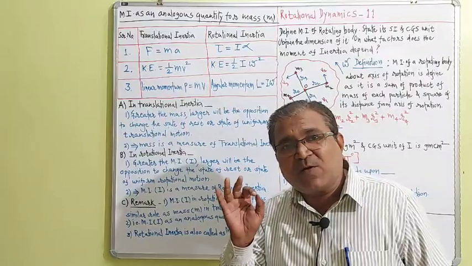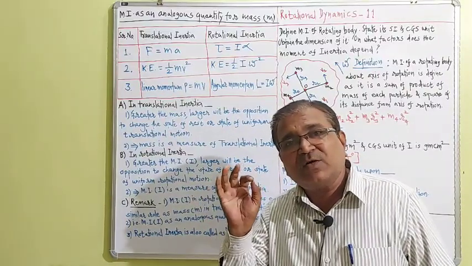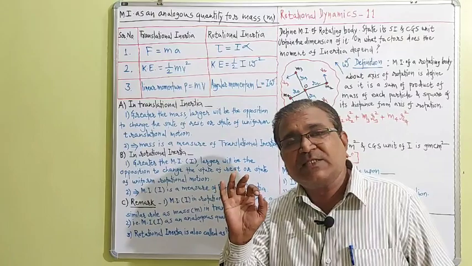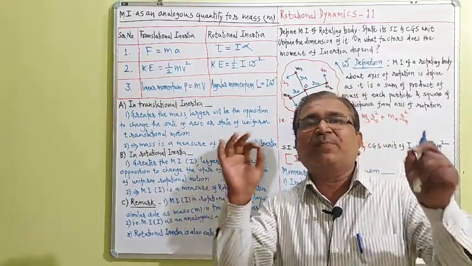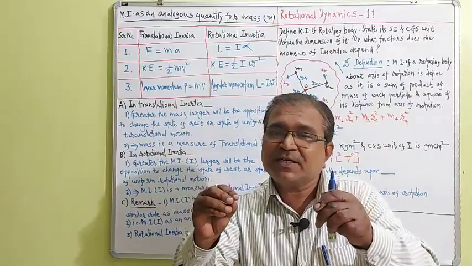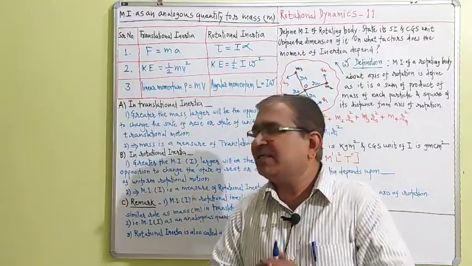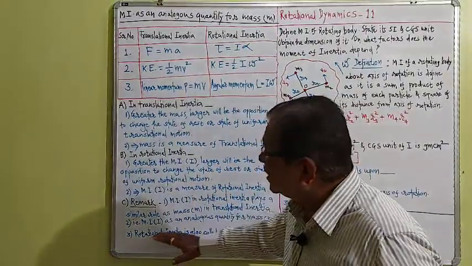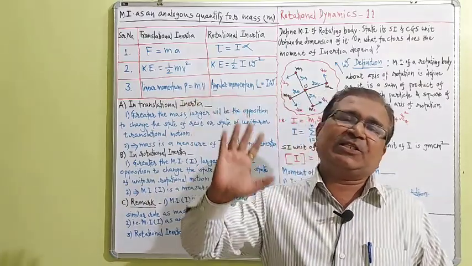That means the working of moment of inertia in rotational inertia and the working of mass in translational inertia is similar. So capital I and small m are analogous physical quantities, similar physical quantities. Rotational inertia is so called moment of inertia.